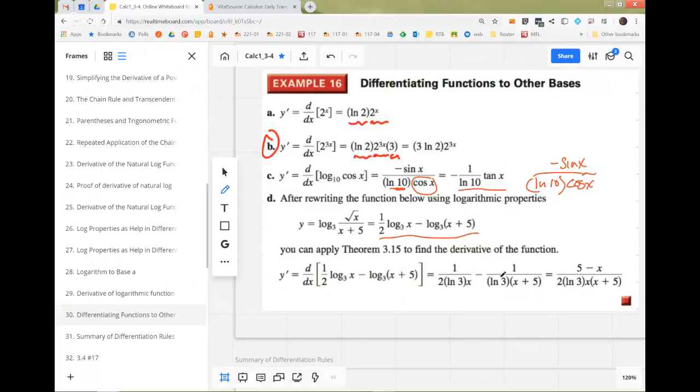Second part, same thing. 1 over x plus 5 times the natural log of that base, 3, on the bottom. And then they just got a common denominator and brought it together. And if you want, I can show you that, but that's more of an algebra solution from those two, but the meat of it is right here.